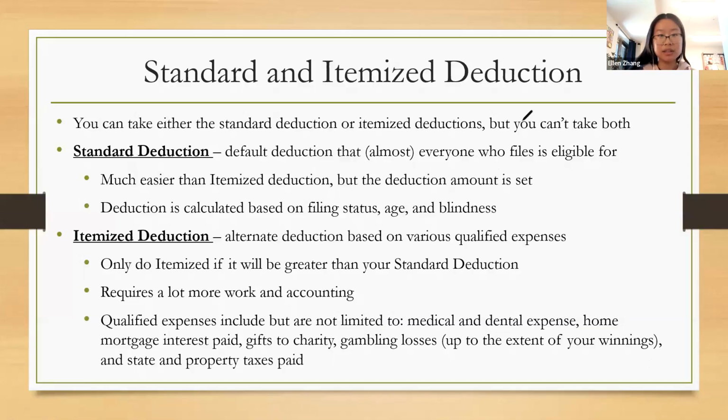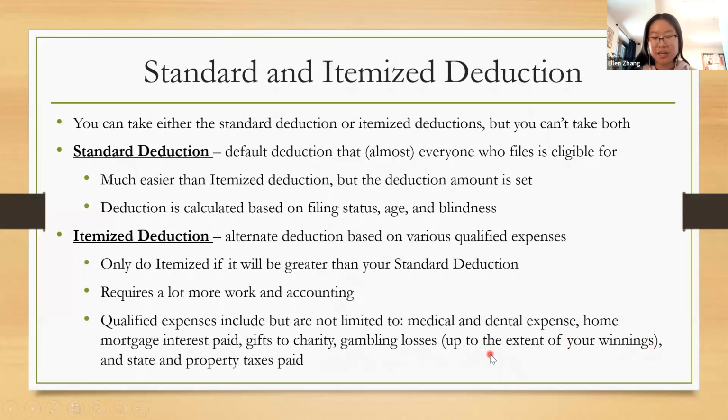All right. And then before we move on, I want to point out this very interesting expense down here, which is gambling losses. So under itemized deductions, you can deduct any losses that you've incurred while gambling, but only up to the extent of your winnings.